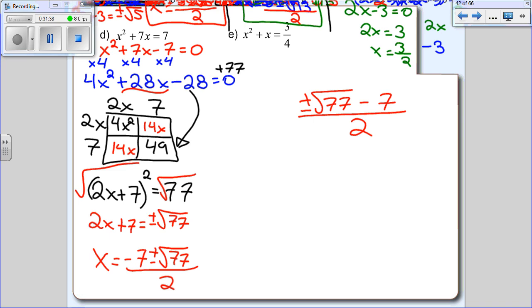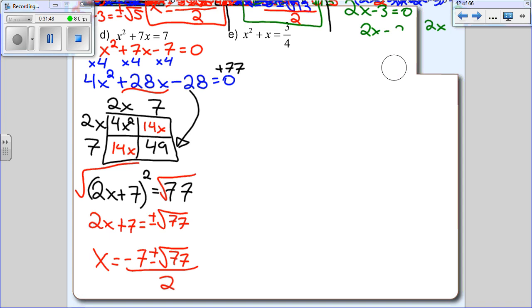Alright, the last one that we're going to do together. I look at that thing, it has to be in general form. Before I even put it in general form, there's something I don't like about that question. I hate fractions. So I'm going to multiply everything by 4 to get rid of the fractions.